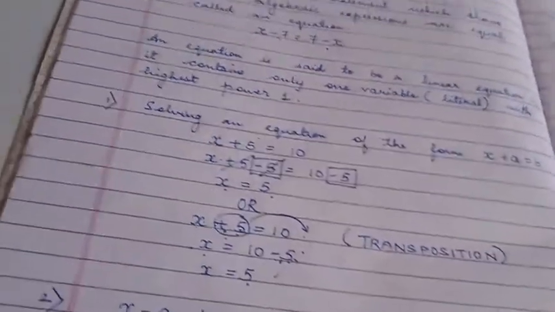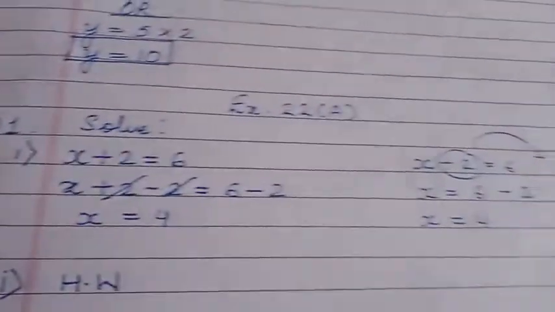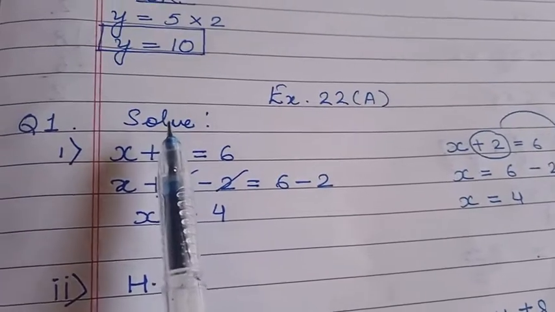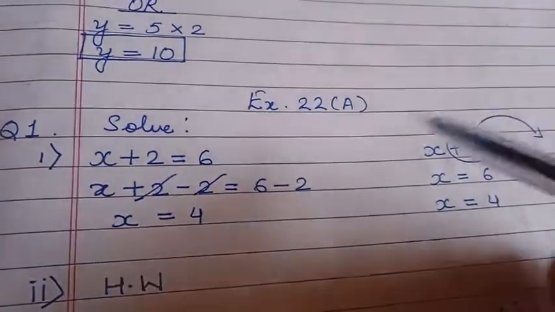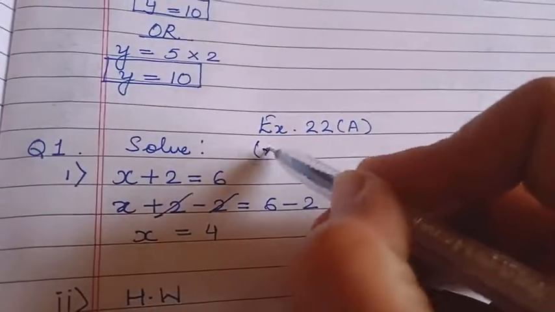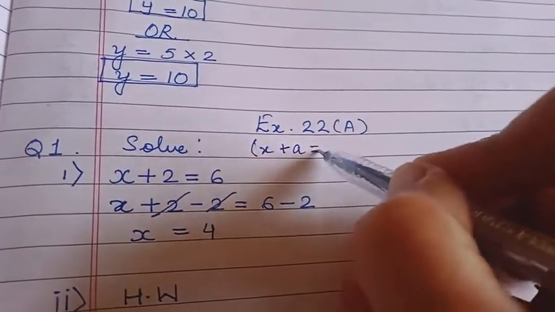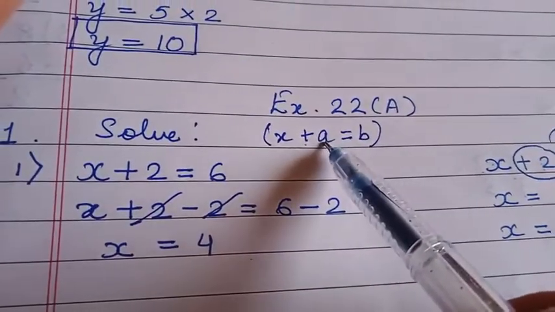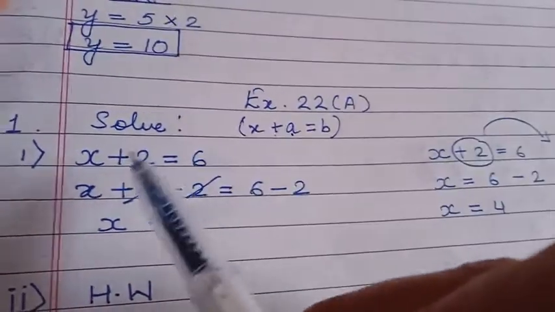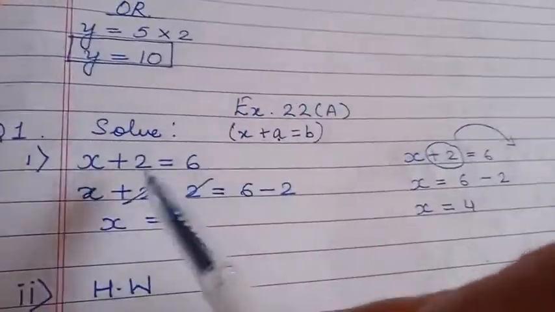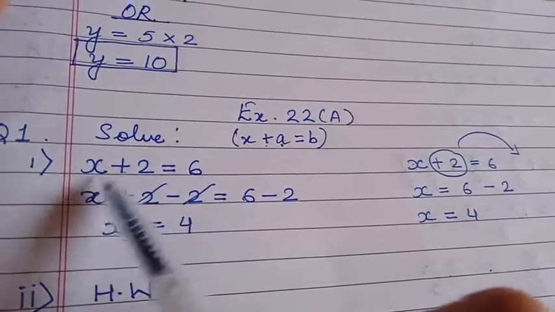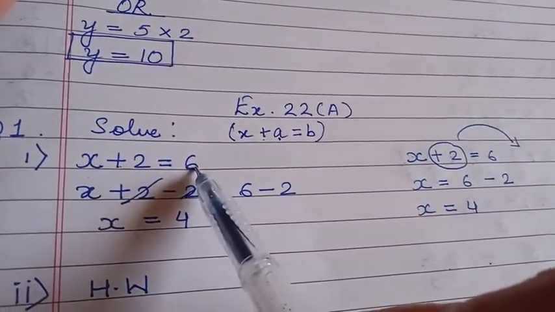Now let us solve a few examples from exercise 22a in the form x plus a is equal to b. Now this is the x plus a is equal to b form, which means plus a. Let us not confuse further. x plus 2 is equal to 6.